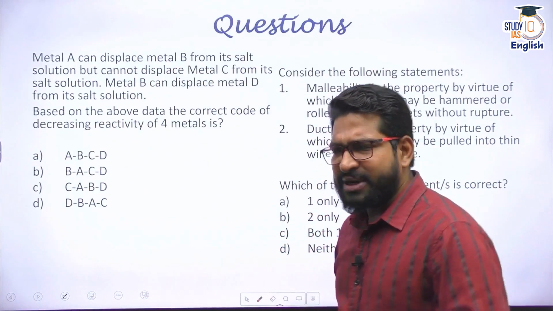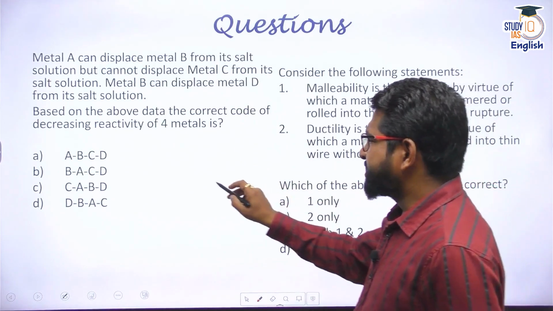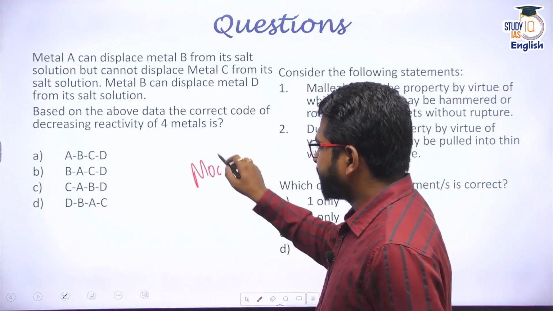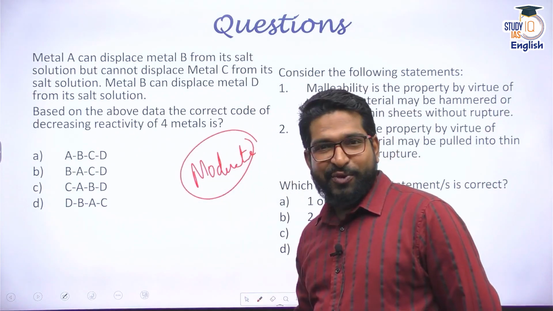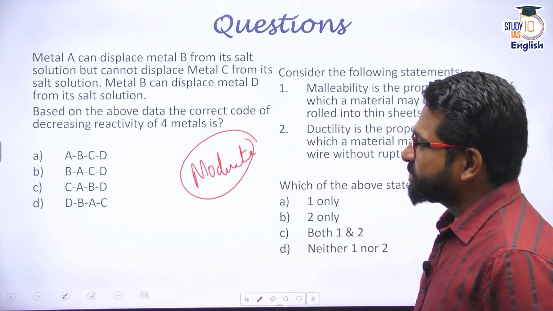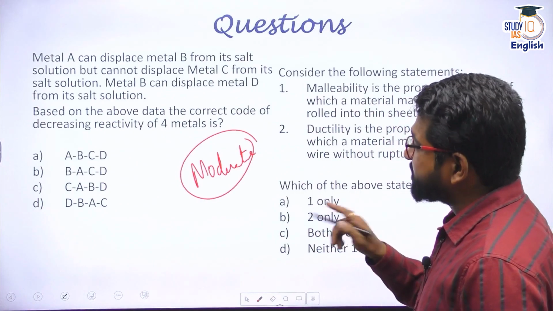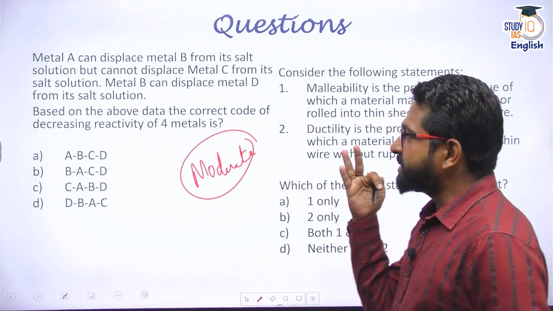Some questions can be created on the basis of reactivity. For instance, I would say this is a moderate kind of a question. I can even say CSAT kind of a question. Metal A can displace metal B from its salt solution, but cannot displace metal C from its salt solution. So three metals have been mentioned.